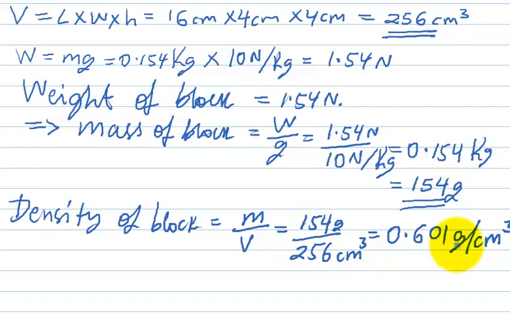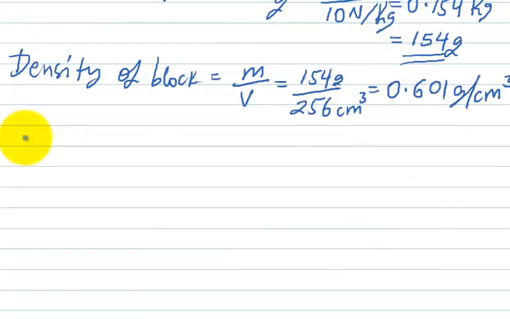Now let's see how we calculate the density of the liquid. Now we are told that 3/4 of the block is submerged. That means the volume of the liquid displaced is equal to 3/4 of the volume of the block. So we get 3/4 of 256, which will give us 192 centimeters cubed.